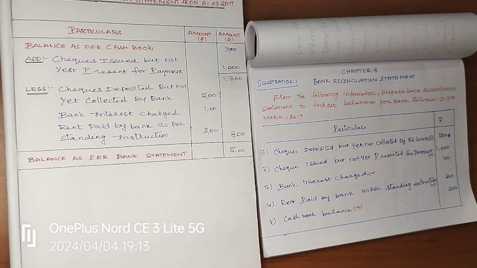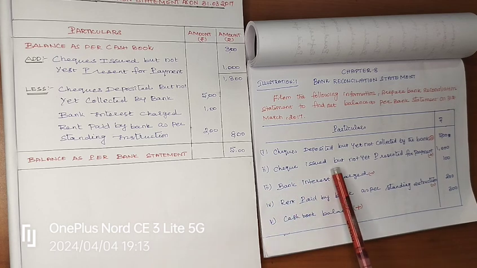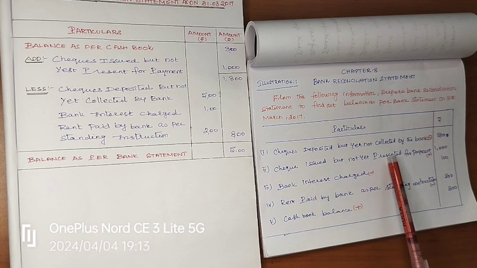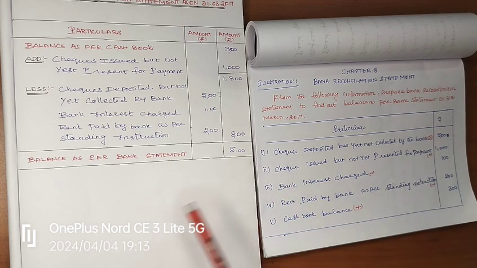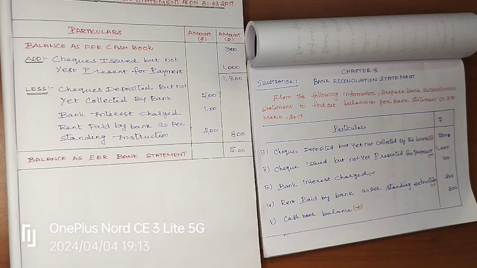And the second transaction is check issued but not yet presented for payment, rupees 1000. Check issued means you are making the payment. Take for an example, bought goods through check, rupees 1000. So you purchased goods from a supplier and made payment through check, rupees 1000. Listen carefully.